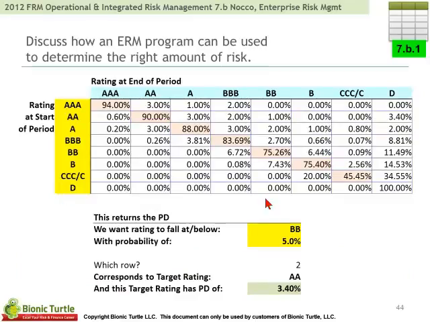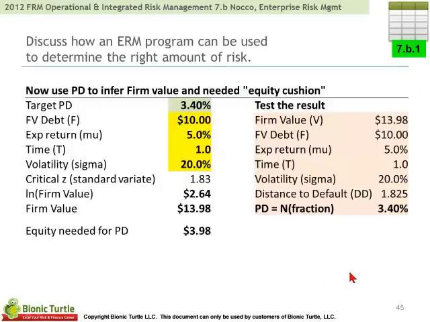And then this is the spreadsheet that I've constructed in 7B1 that just operationalizes the notion we just saw. You can just input the actual rating, and it produces the correct output. The second step then is to take that target rating, which corresponds to a target probability of 3.4%.